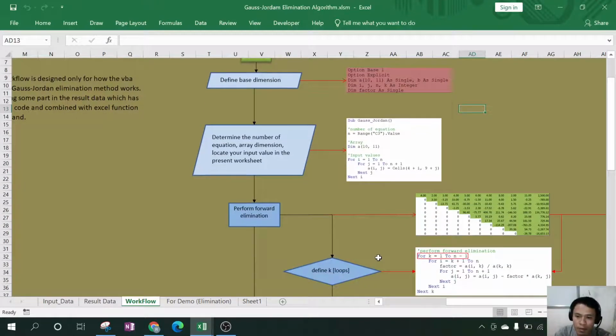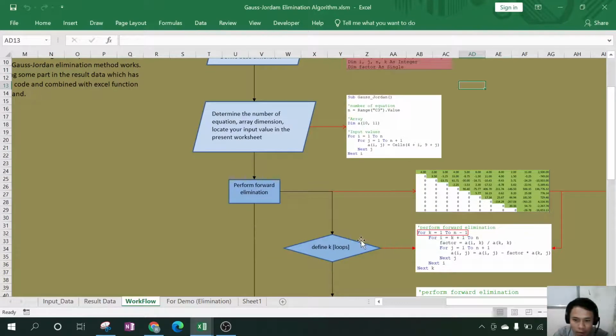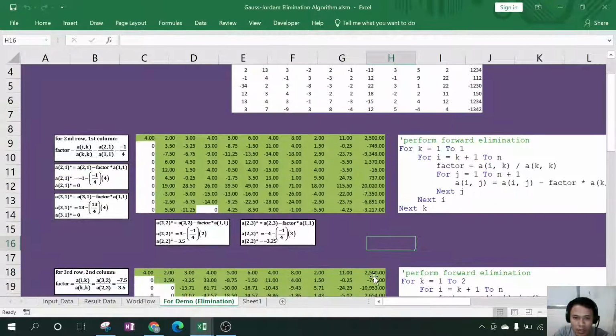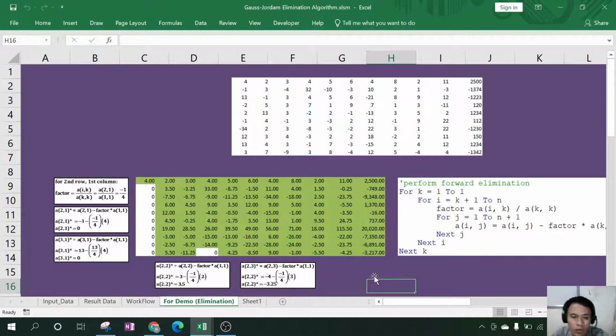The steps on making a forward elimination, I have prepared here. Our example is a 10 by 10 matrix, so that is 10 equations, 10 unknowns. Another example is also 10 equations, 10 unknowns.